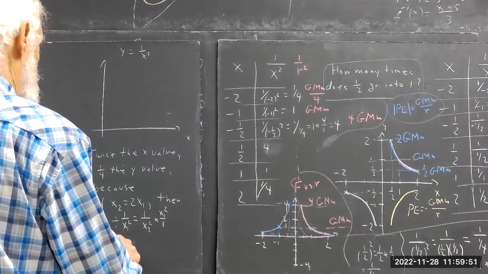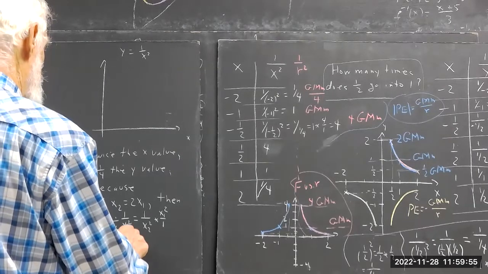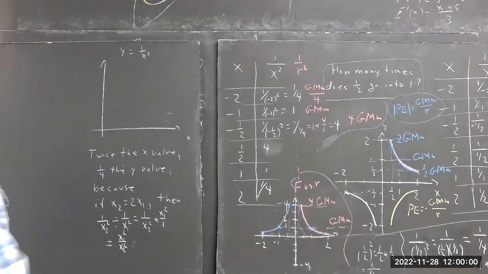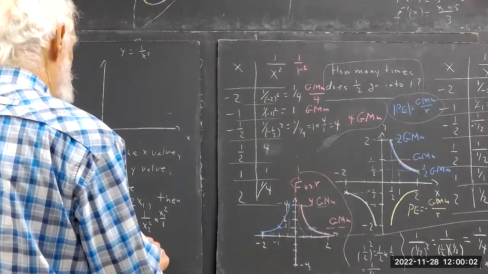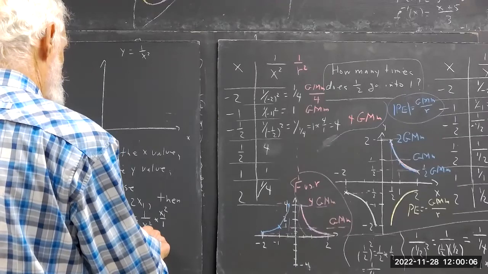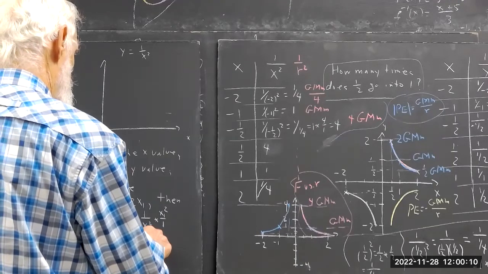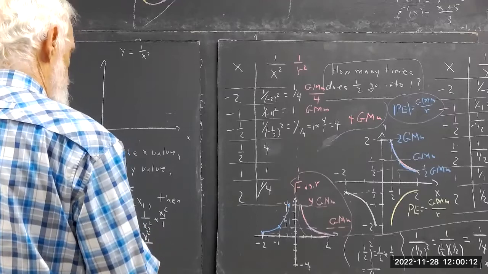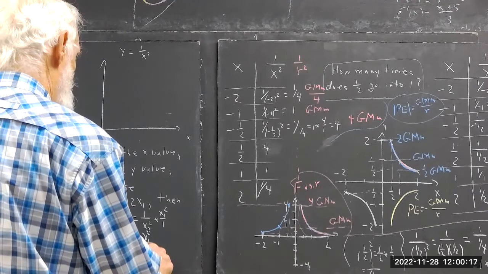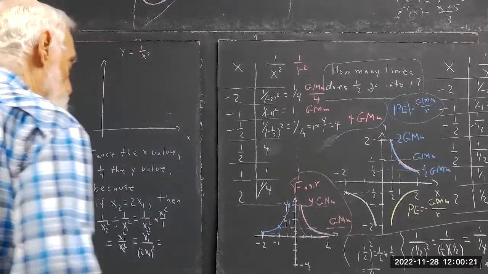We can say that that's equal to X1 squared over X2 squared, which is X1 squared over 2X1 squared.